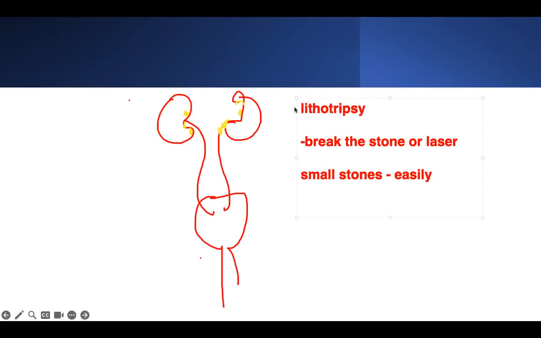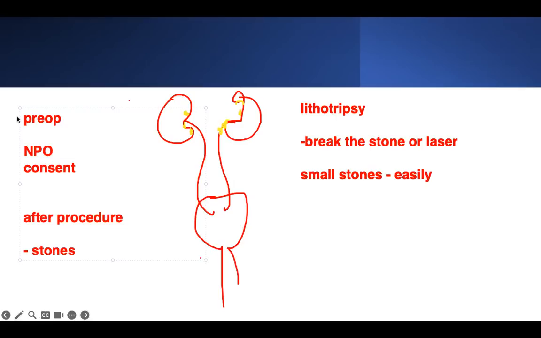Okay? So what do you do next? Pre-op, they have to be NPO. This is very important, NPO, and you have to make sure they have a consent. After the procedure, you have to look for the stones. So you still have to strain the urine to look for the stone, make sure they pass it.